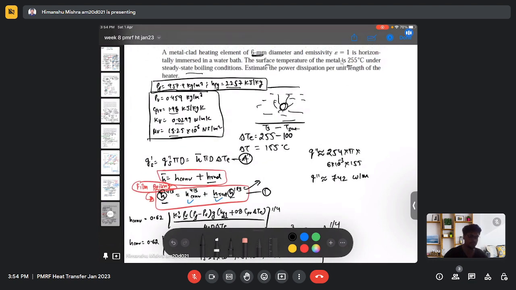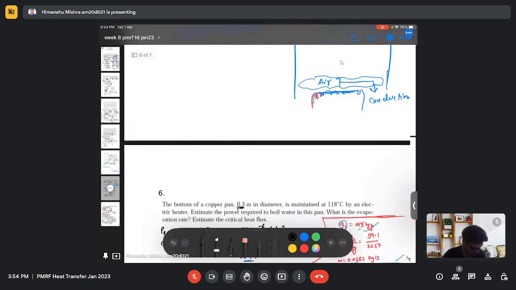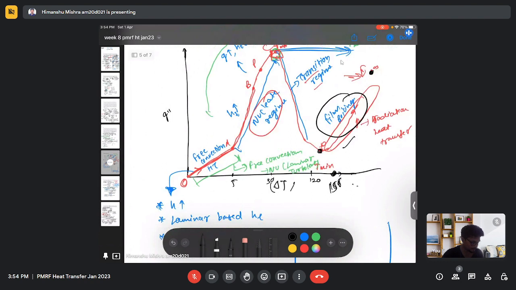So in this question, again, we have been given a diameter and the surface temperature. And to decide which correlation we need to use to find the heat flux or heat transfer coefficient, we need to check the excess temperature. And from the boiling plot, we can identify the region we are talking about. So based on the excess temperature, we know that we are in the film boiling region, and hence we need to use the correlation for film boiling.